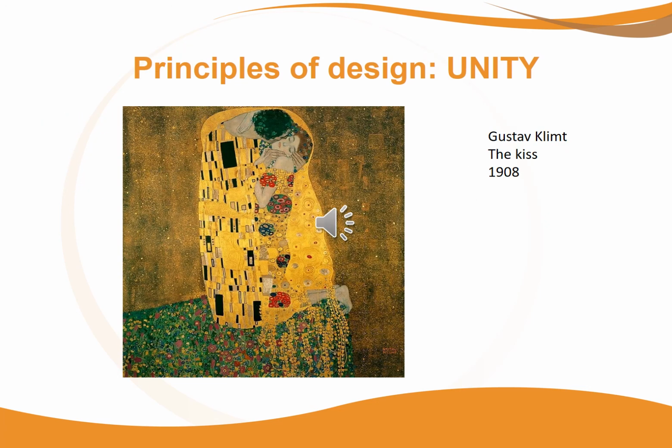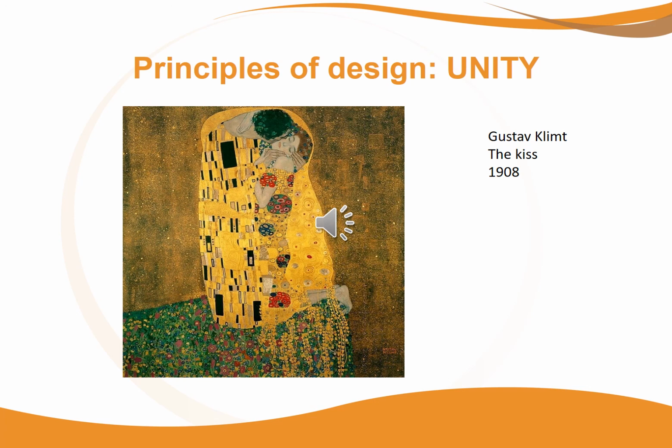The artwork The Kiss by Gustav Klimt suggests unity. In this painting, the artist had a clear idea of what he was trying to communicate. His artistic elements could not be unified toward a common message if he didn't have a clear idea of what the message was.